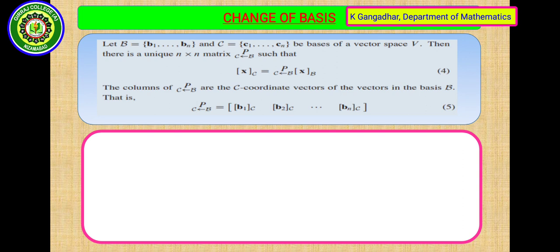So the columns of P from B to C are the C-coordinate vectors of the vectors in the basis B. So that is P from B to C equal to [[b1]_C, [b2]_C, ..., [bn]_C]. [b1]_C means the coordinate vector with respect to the basis C, and the same way [b2]_C, and [bn]_C.